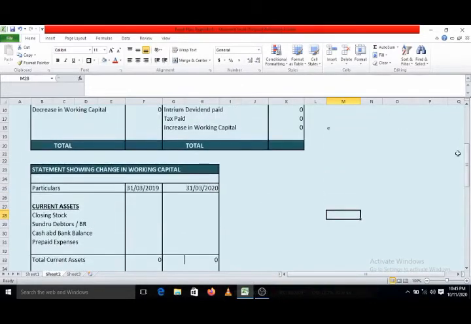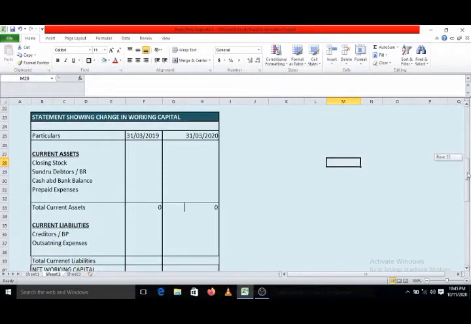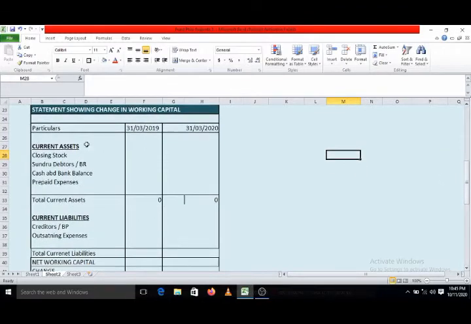Now first we will start with the statement of change in working capital. For this, we will have to find out the working capital of both the years. Working capital means current assets minus current liabilities. Under current assets, generally the items we see are closing stock, sundry debtors, bills receivables, cash and bank balance, prepaid expenses.